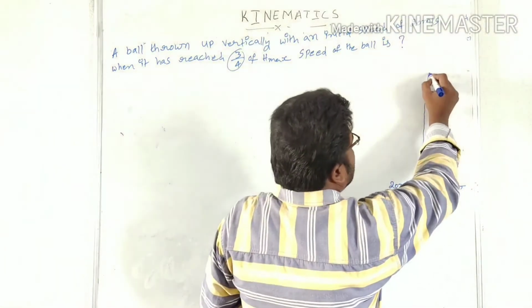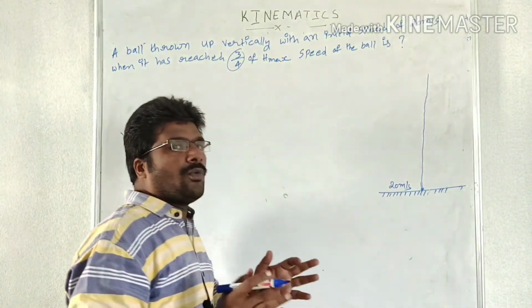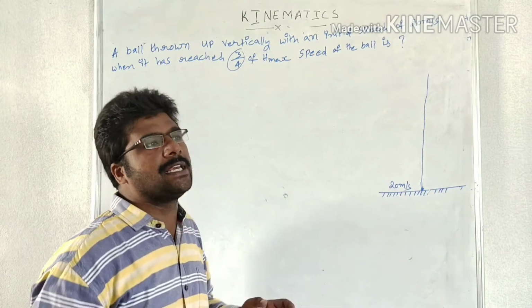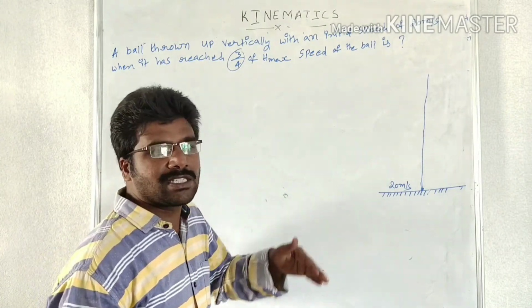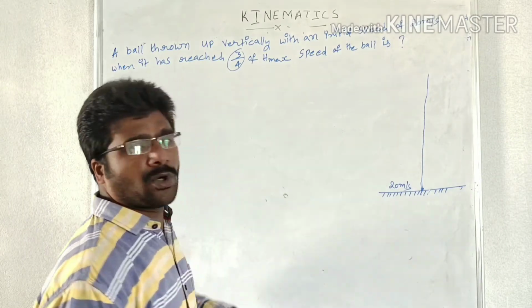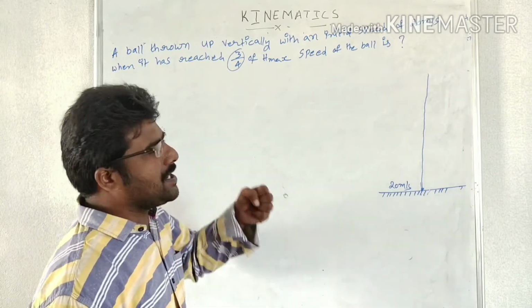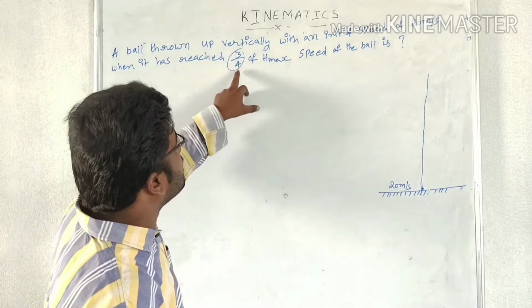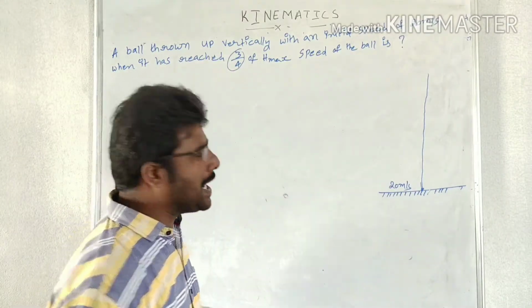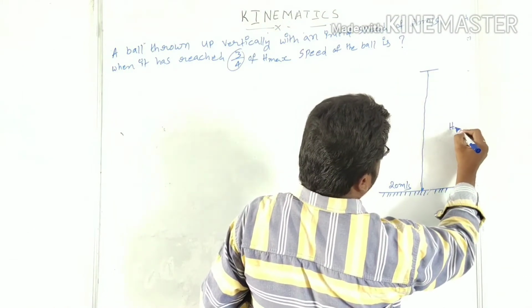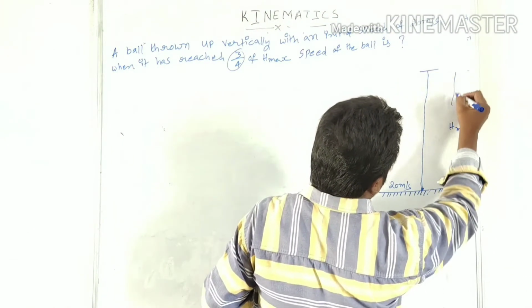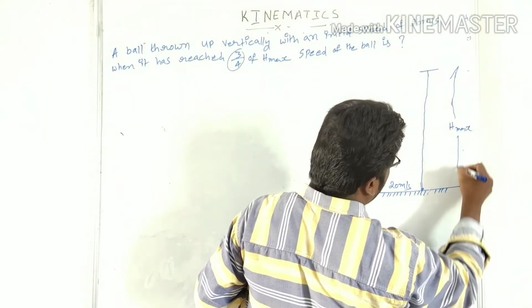After that, it returns to the ground. The velocity decreases due to gravitational force. But the question is, what is the speed of the ball at 3/4 of maximum height? Let us consider this is the maximum height of the body, h max.